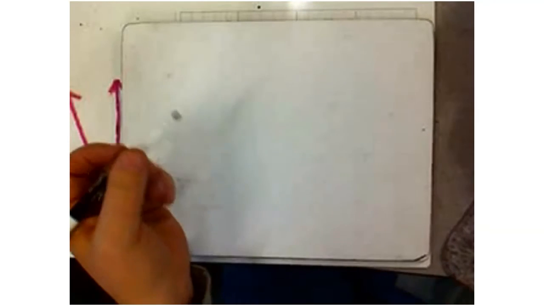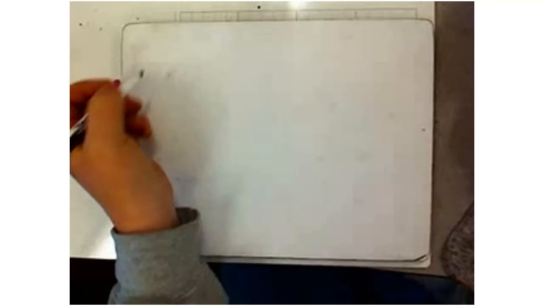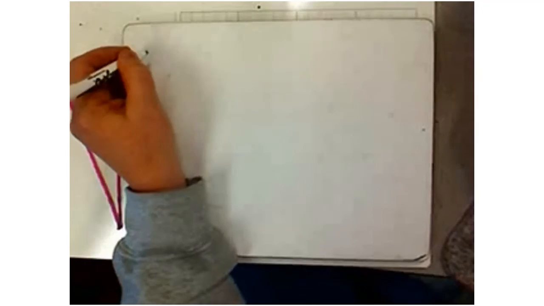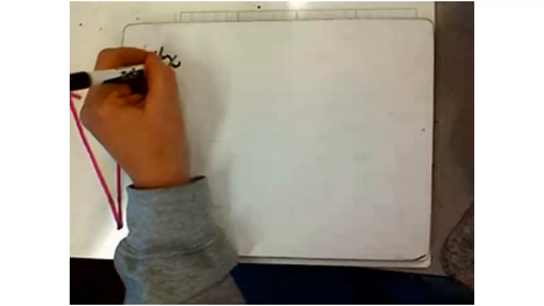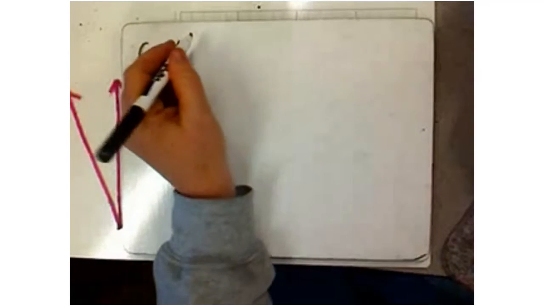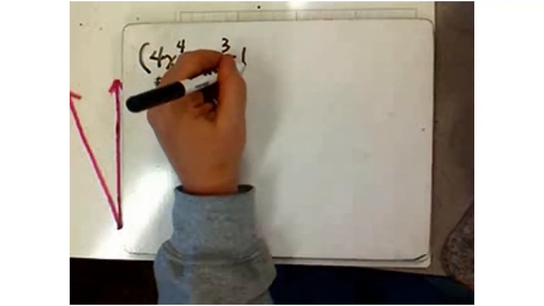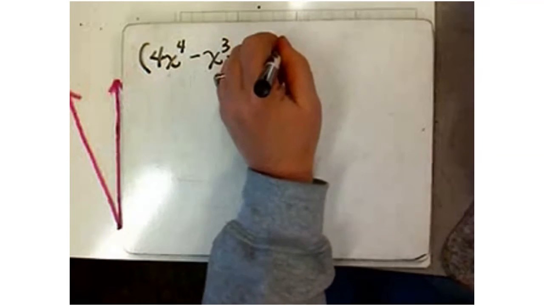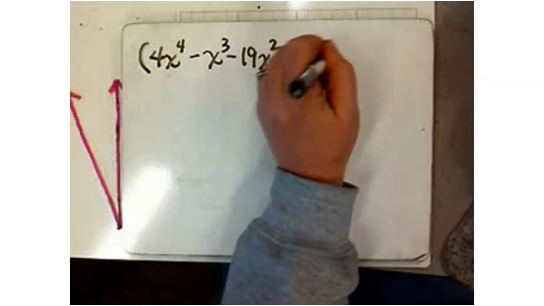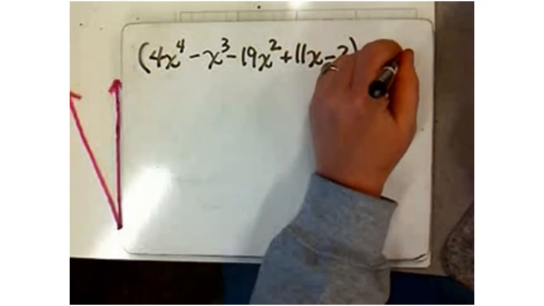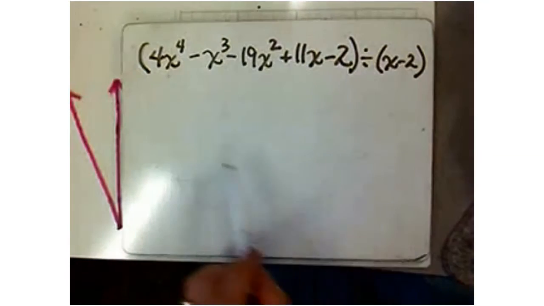For your synthetic division, I'll do another synthetic division example with you. If you had something like, let's see, let's pull the example, open paren 4x to the fourth, minus x to the third, minus 19x to the second, plus 11x, minus 2, close paren, divided by, open paren, x minus 2, close paren.